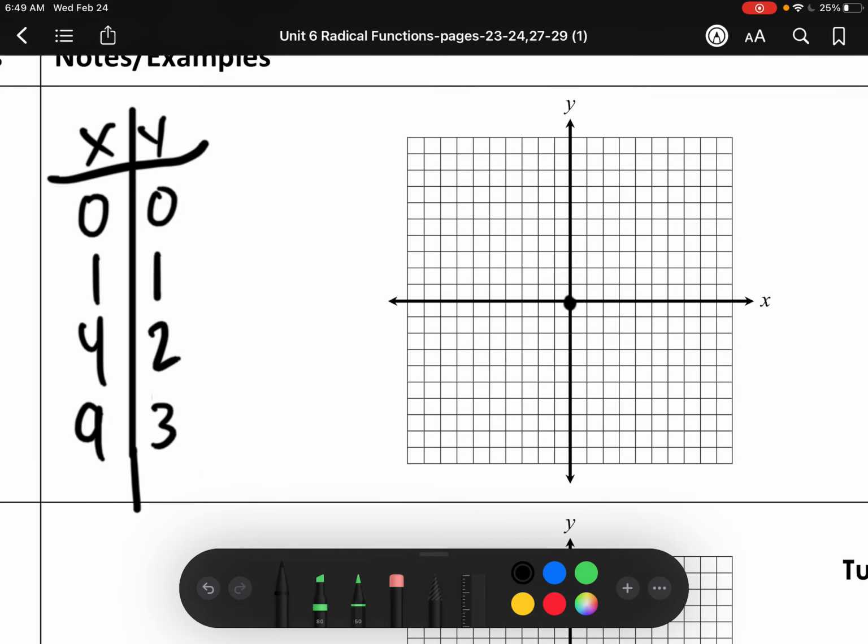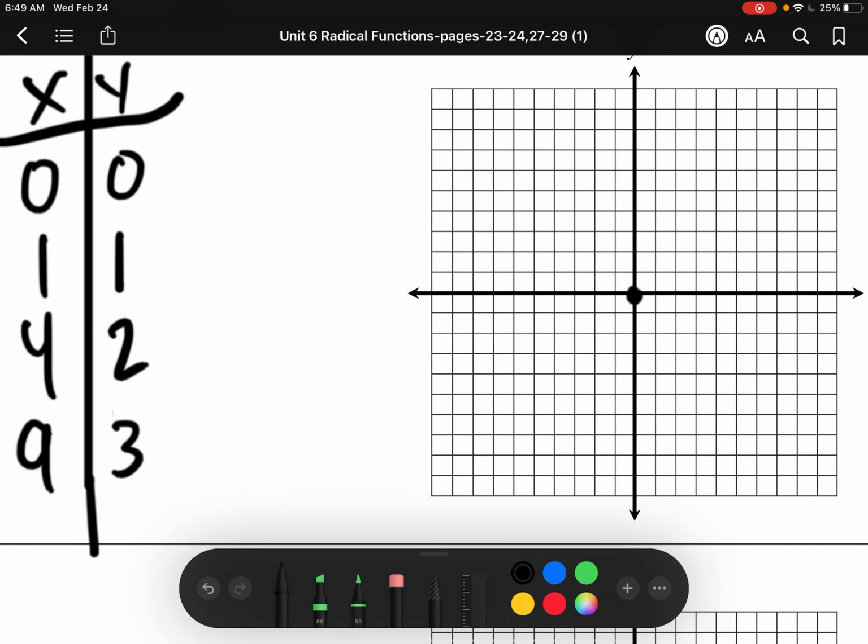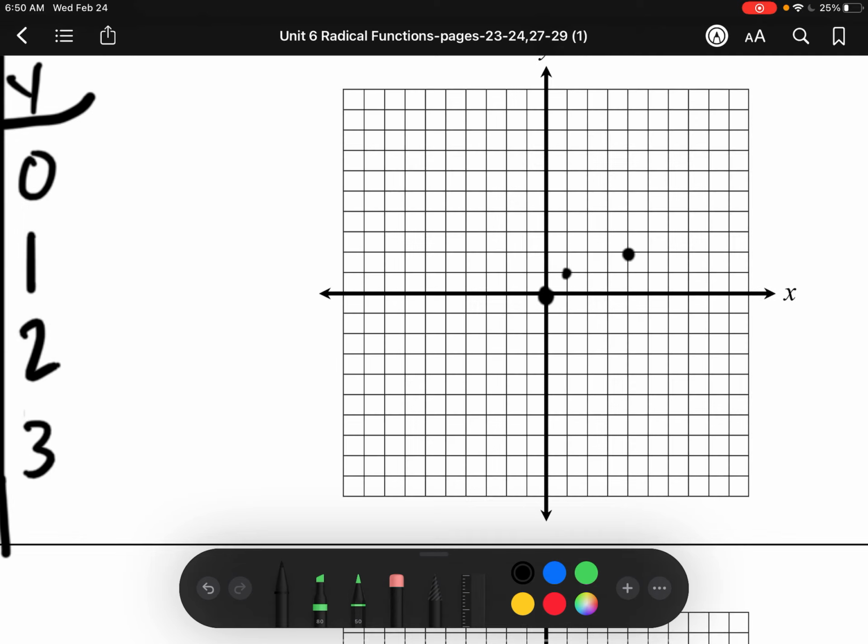So we start at 0, 0. And then when we're graphing the next points, when x is 1, y is 1. And then when x is 4, y is 2. So we'd be right here. When x is 9, y is 3.